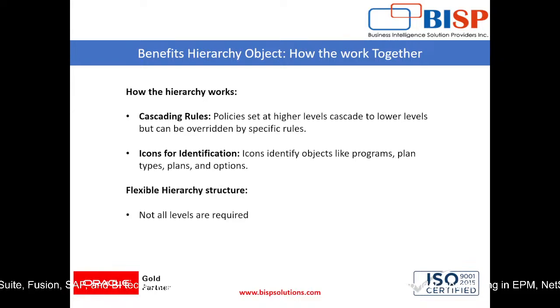And then icons for identification. Icons identify objects like program, plans, plan type, and options. And the flexibility of the hierarchy. This is the flexibility provided by Fusion: you don't actually have to include all the levels like programs, plan type, options.